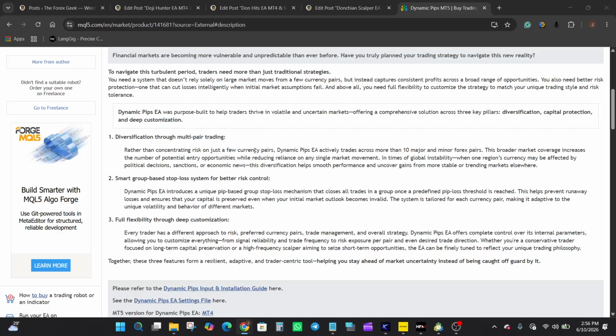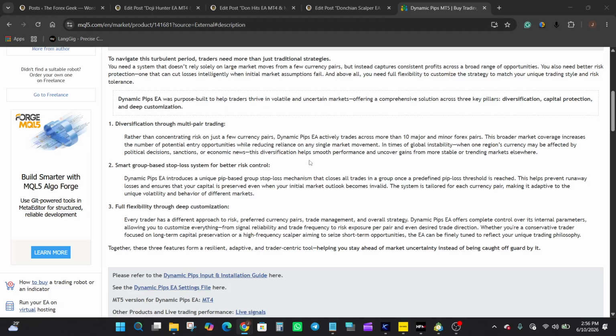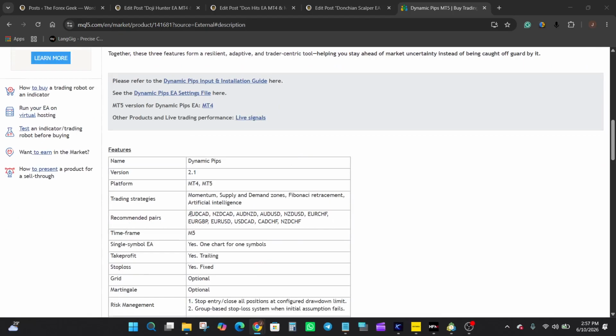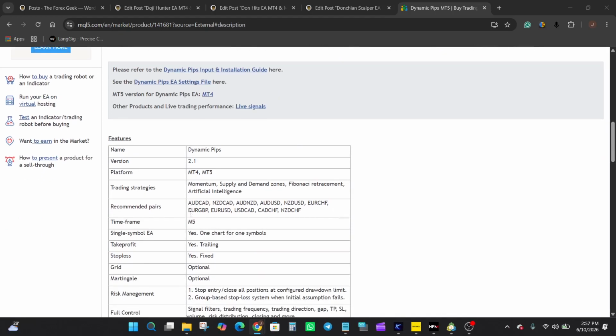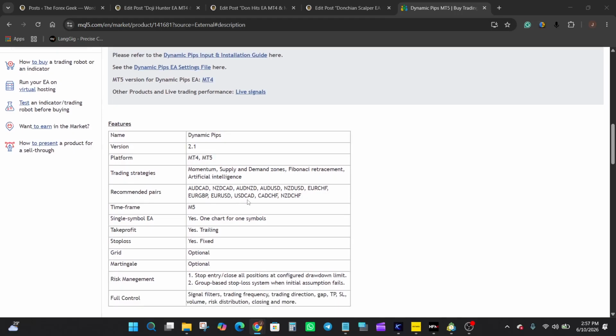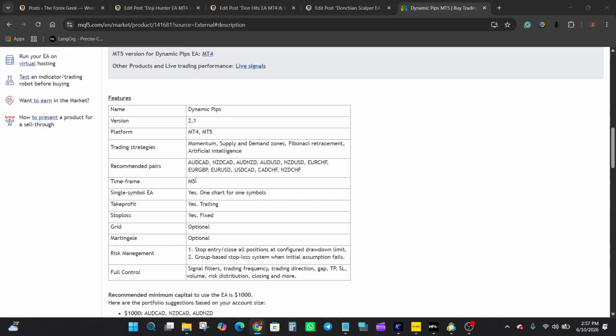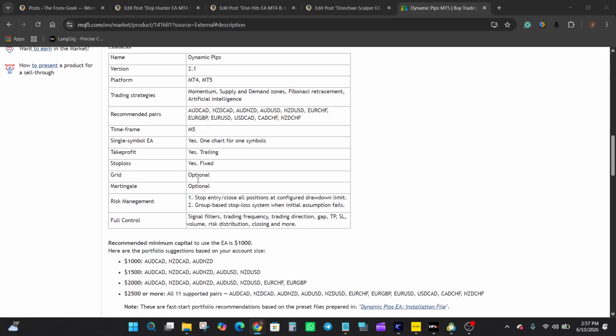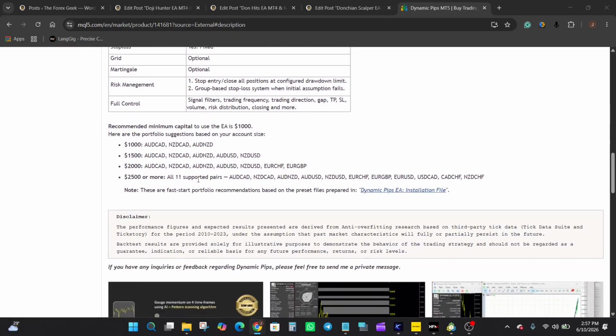Now, before I go into testing, the recommended setup mentions multiple pairs like EURUSD, GBP pairs, AUDUSD, and others, with M5 as the main time frame focus. So I'll base the backtest context around that M5 structure.